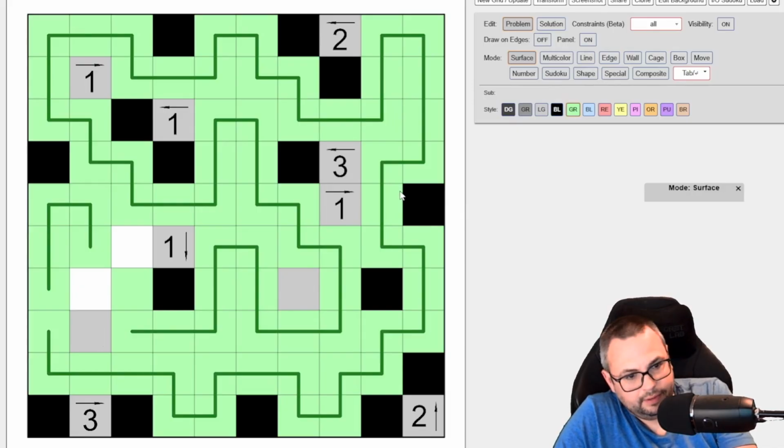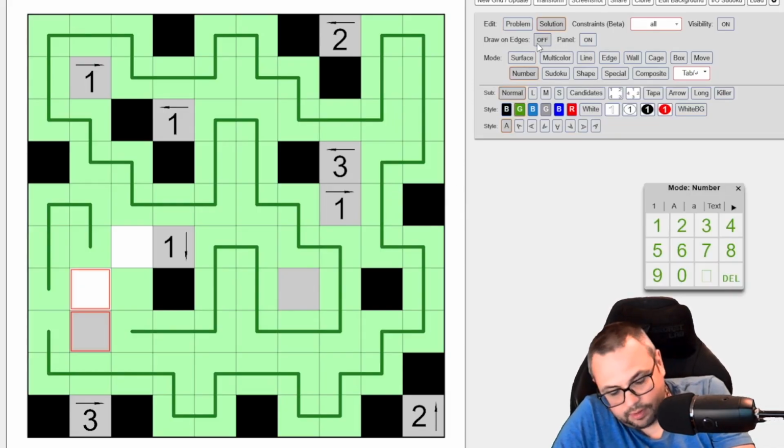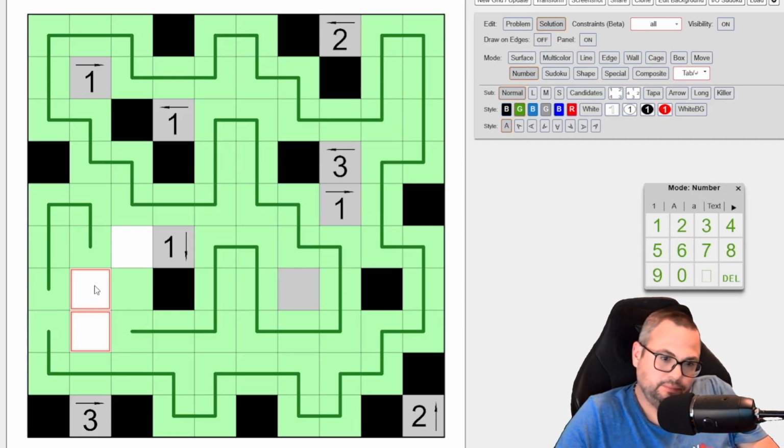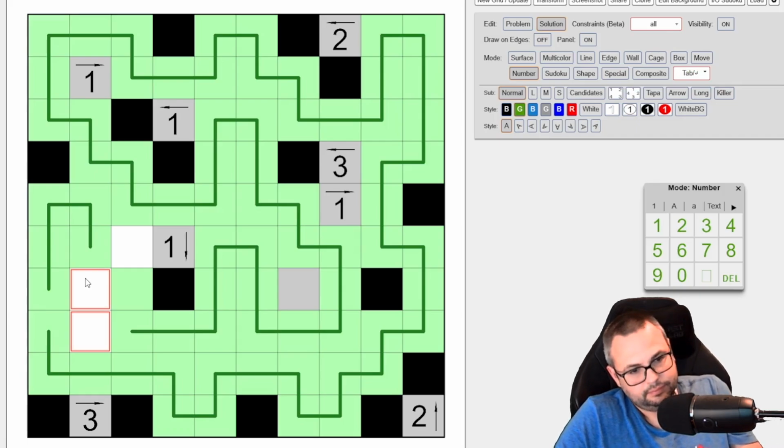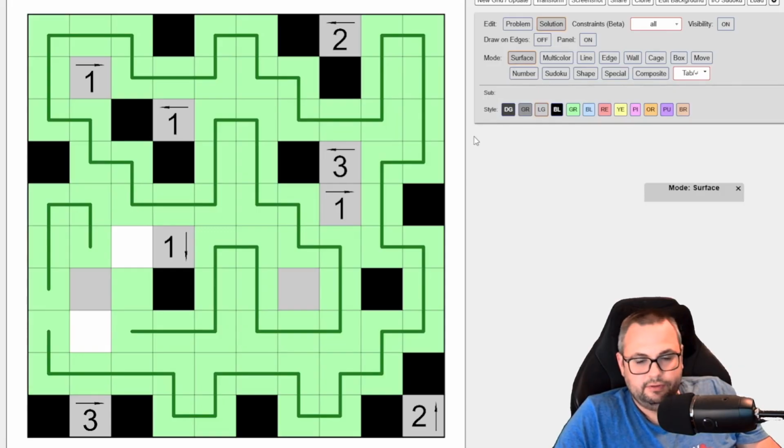Maybe I don't want that. Maybe what I instead want is a clue from this cell pointing down. I think a 0 from this cell, pointing down, does it.